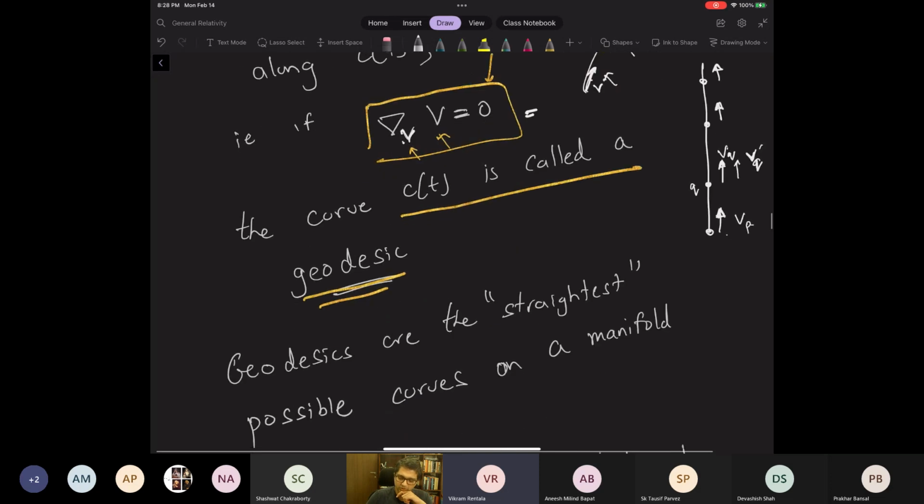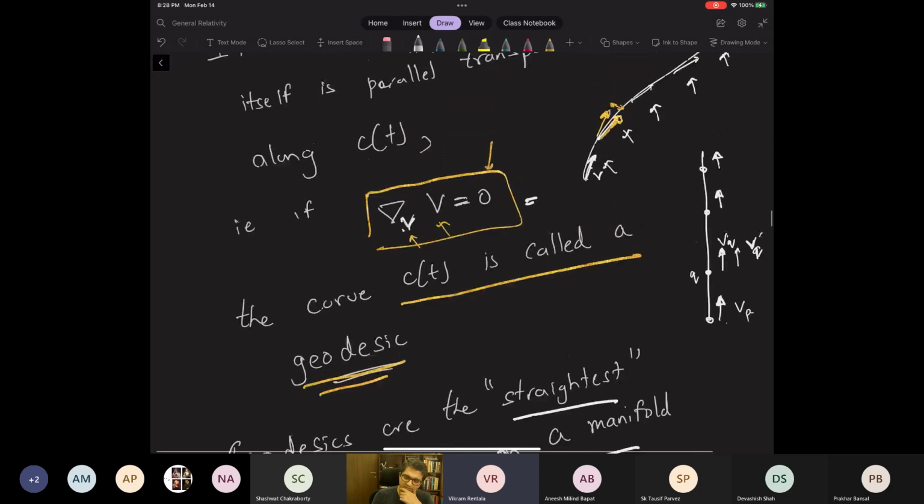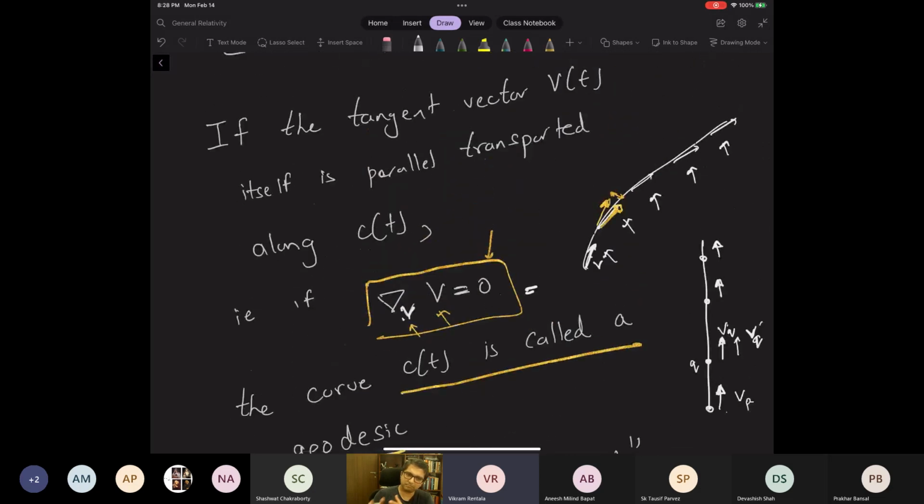So geodesics are in some sense the straightest possible curves that you can have on a manifold, because they keep v parallel to itself as you move along the v direction. As I move along, the tangent vectors themselves are not changing.